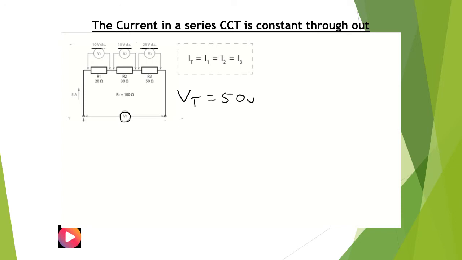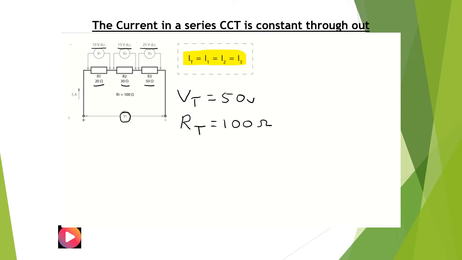RT, that's the resistance total, is equal to 20 ohms plus 30 ohms plus 50 ohms. That's 100 ohms. We've covered those in the previous couple of slides. Let's now have a look at what we do with current.